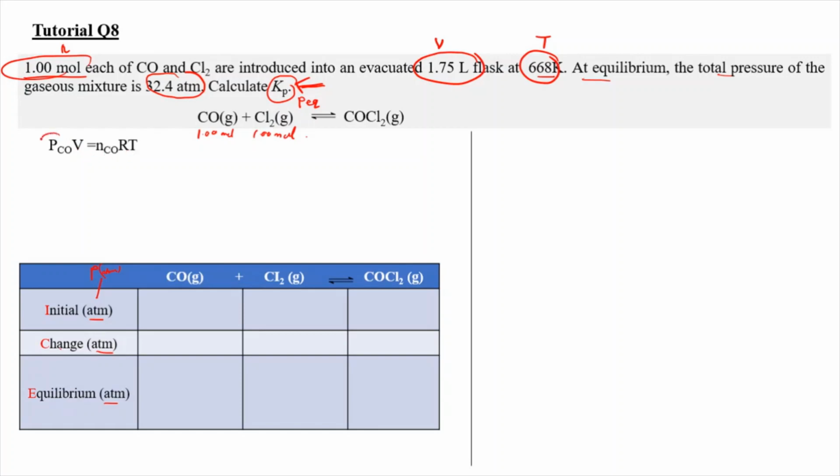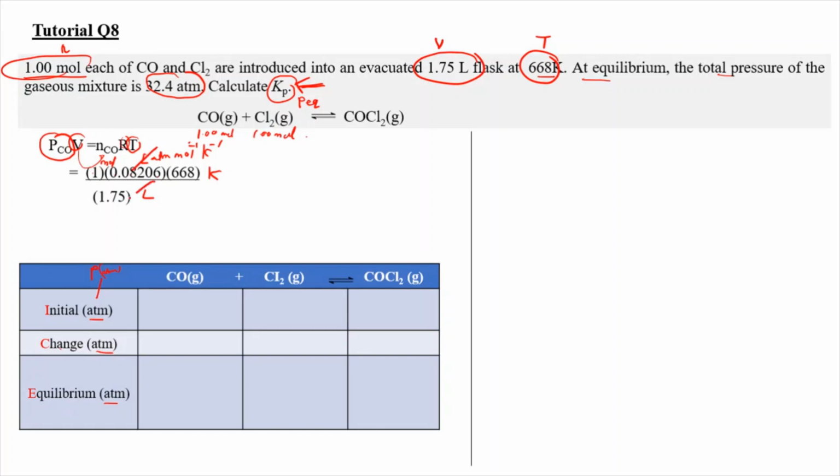So we need to find the partial pressure of carbon monoxide at the initial stage. So the number of moles of CO is 1, and our R here is the gas constant, which is 0.08206 liter atm per mole per Kelvin, and then the temperature is 668 Kelvin, divided by the volume, 1.75 liter.